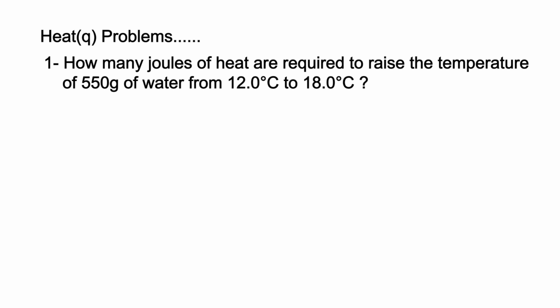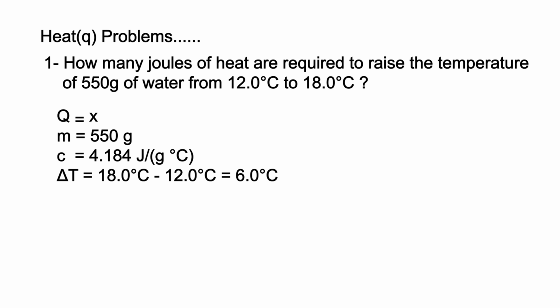How many joules of heat are required to raise the temperature of 550 grams of water from 12 to 18 Celsius? Here, our Q is equal to X, or unknown. M, our mass, is equal to 550 grams. C, the specific heat of water, is equal to 4.184 joules per gram.